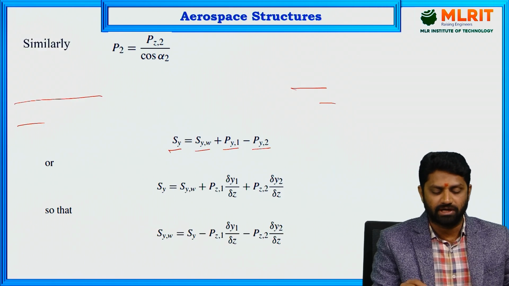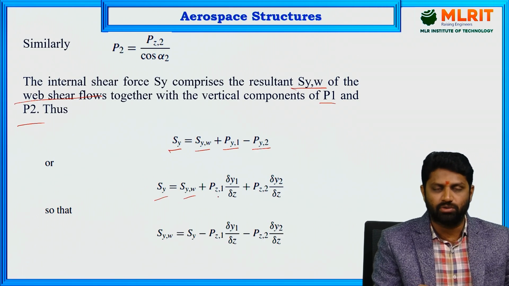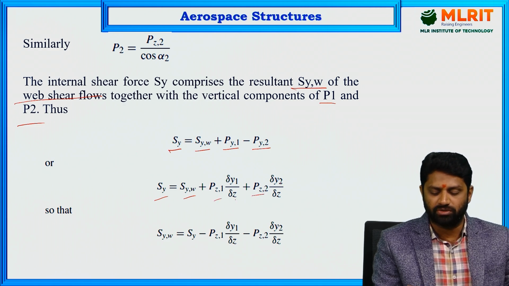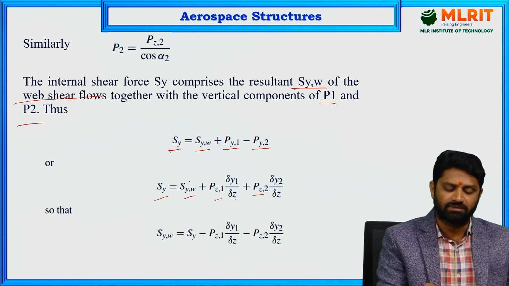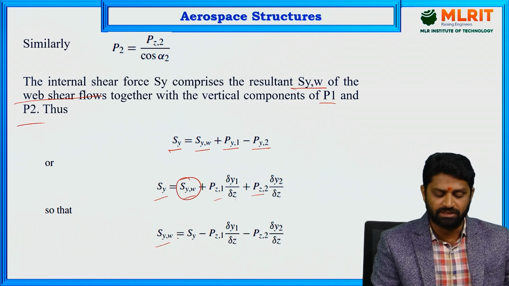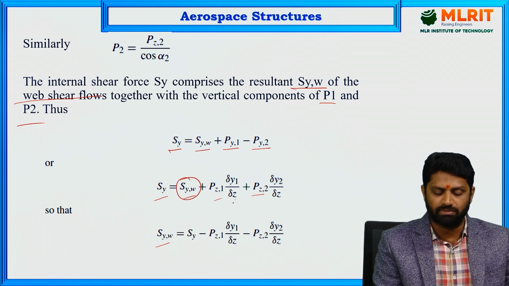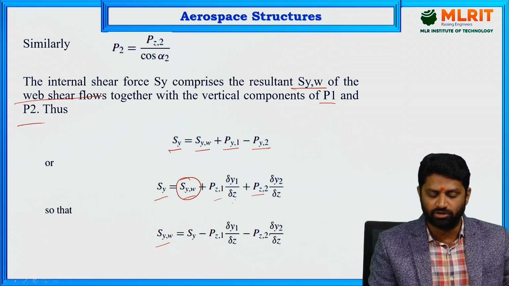If you substitute here, you get Sy equals SYW plus Pz1 into delta y1 by delta z plus Pz2 into delta y2 by delta z. But what we want from here is the web shear flow, that is what we are looking for. So the web shear flow is SYW equals Sy minus Pz1 into delta y1 by delta z minus Pz2 into delta y2 by delta z.